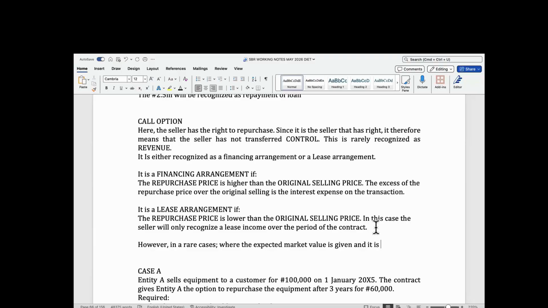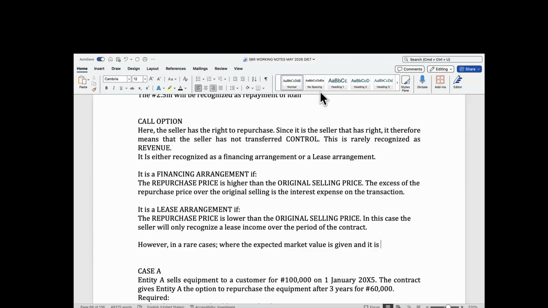Just imagine there is an asset that you're supposed to repurchase for 40,000 naira, and you expect the market value of that asset when you want to repurchase it to be like 100,000.